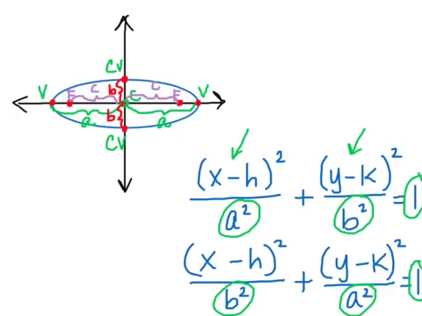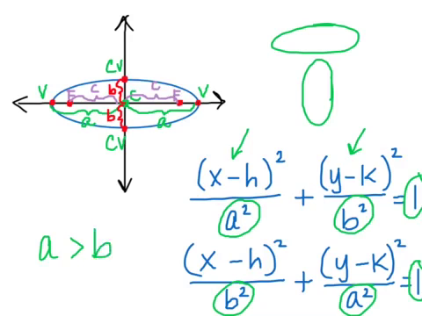Now, the way you know which direction the ellipse is going, which is the important first thing to notice, is: is it a horizontal ellipse or a vertical ellipse? The way you can tell is where the A is, because A is always going to be bigger than B, because the way we define A in an ellipse is that it's the distance between the center and the vertex, which is always on the major axis, so A always has to be bigger than B. So you look for, because they're not labeled A and B, the bigger number that's underneath the different fractions.